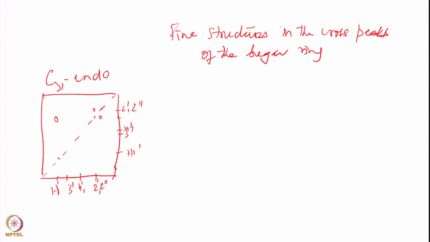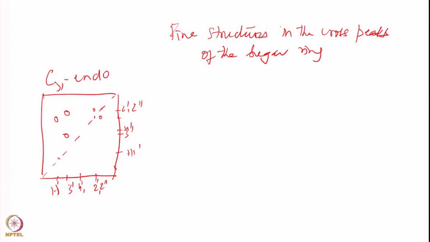Now, all other peaks will be there. 2 prime to 3 prime peak will be there, okay, and 3 prime to 4 prime, that is here, will be there, this is also a very strong peak, okay. On the other side I am not writing, symmetrically they will also be present there. So, you will have 1 prime to 2 double prime and 2 prime to 3 prime. Will 2 double prime to 3 prime be present?